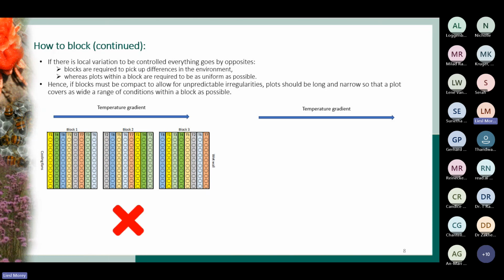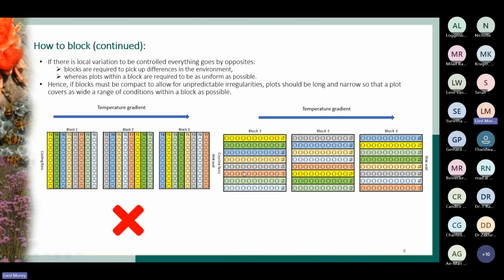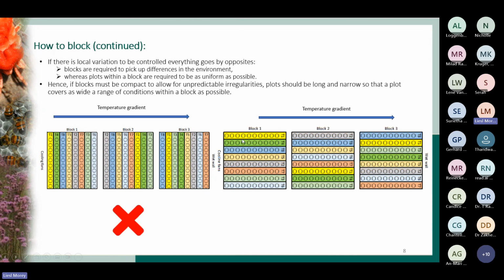So this is not what you want. What you would do is arrange your treatments so that treatment 1 has a pot closest to the fan and furthest from the fan in block number 1, and we carry on like that in the other blocks. So that is the correct way.